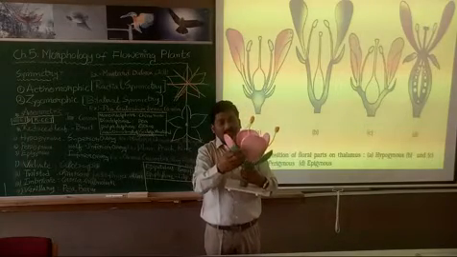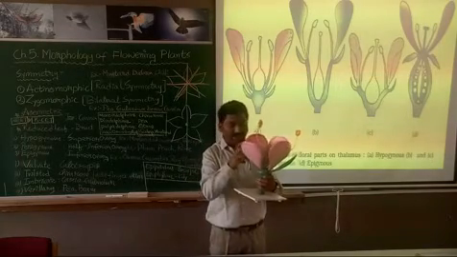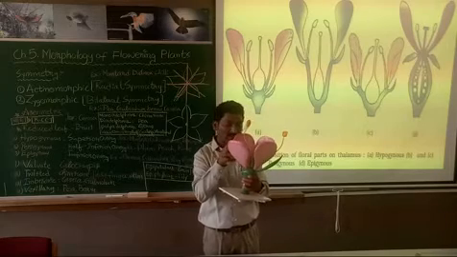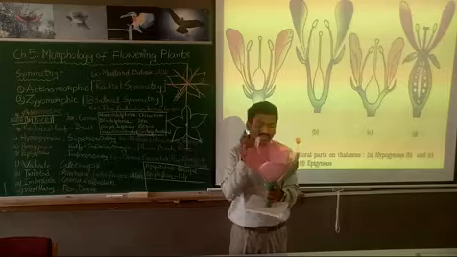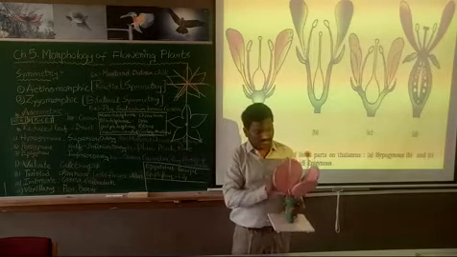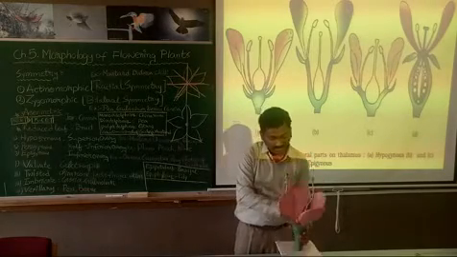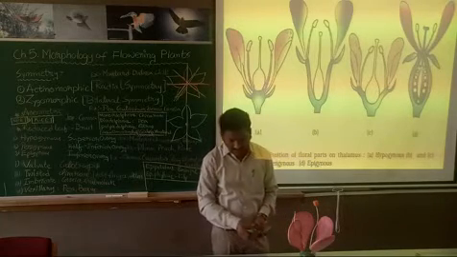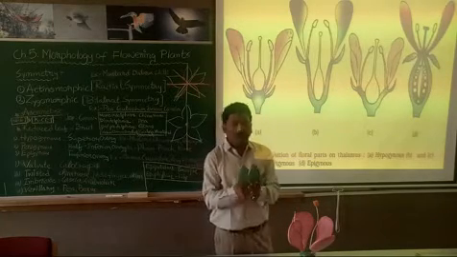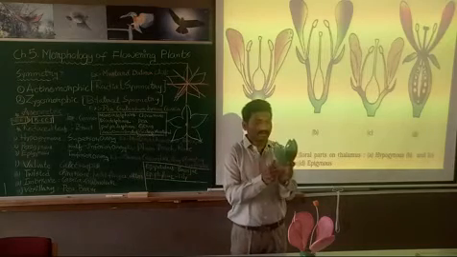First of all, I will separate this model. You can see this one. These are all the sepals, right? So if the sepals are 3 in number, it means 3 sepals, 3 petals and 3 stamens. So all are 3 in number.